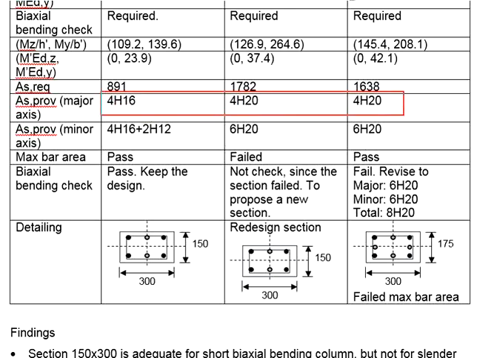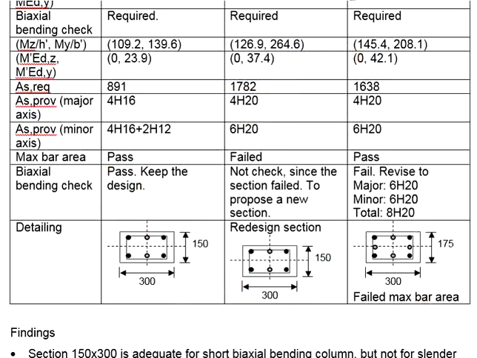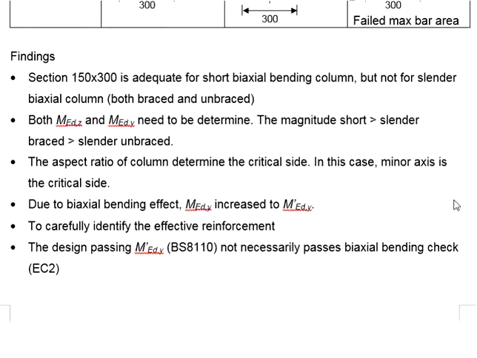If we wrongly identify the effective amount of reinforcement bar, this may lead to us overestimating the moment resistance of the non-critical axis. As a result, we will have calculated wrongly in terms of the biaxial bending checking, which through the calculations it may seem pass, but actually the member failed. This reflects the importance of us to identify the effective reinforcement to the individual axis of the column.